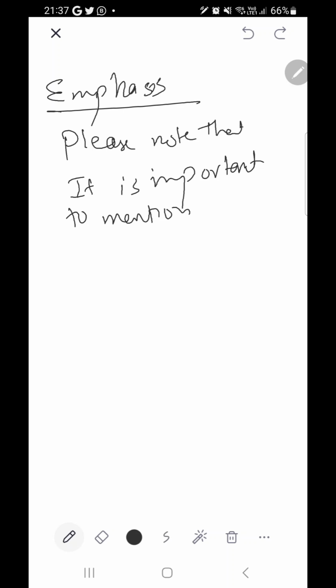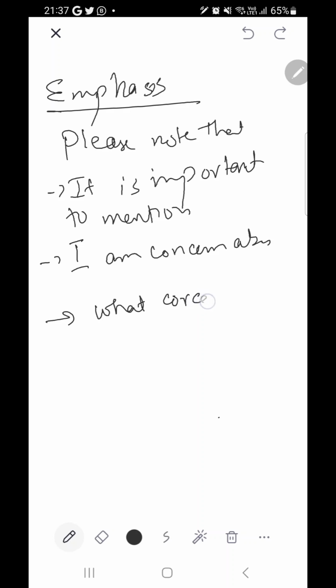Please note that, or you can also write, I am concerned about, or what concerns me most is. So a few statements can be used to show some emphasis here.